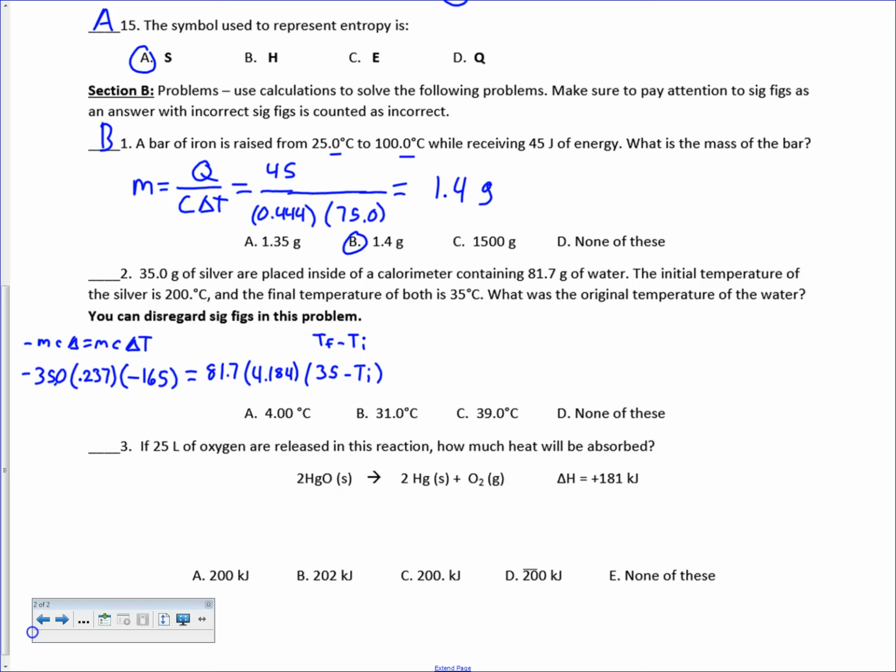Find on this side that we've got 1368.7 equals 341.8 times 35 minus Ti.